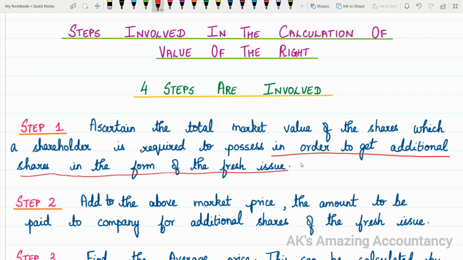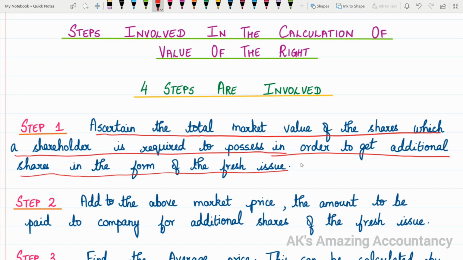So first, what you have to do is ascertain. What do you mean by ascertain? Find out. You have to find the total market value of the shares which a shareholder is required to possess.